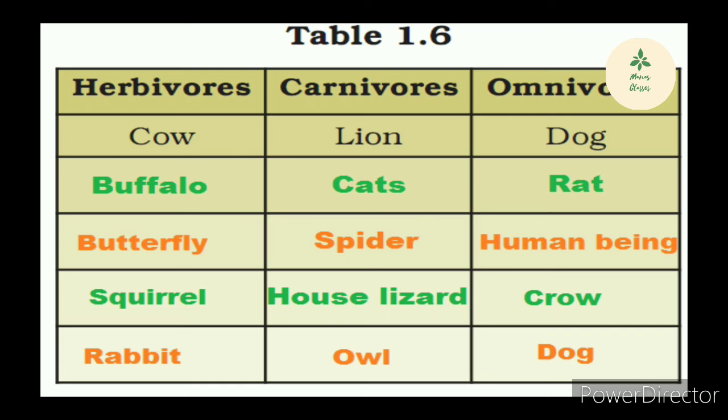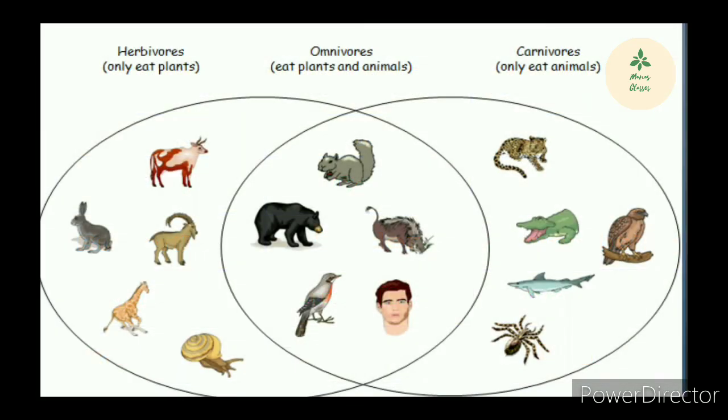I already told you we would discuss this table in a PPT slide. So here is the answer of this table. If you want to, take a screenshot and write it down in your notes. Here is a bonus for you, one picture to understand very easily what is herbivore, what is carnivore, what is omnivore. Here is the picture.